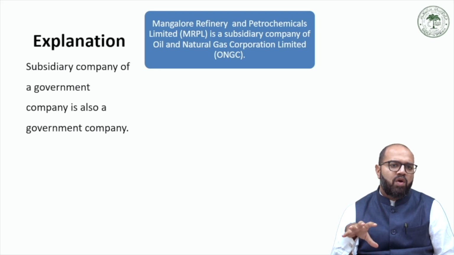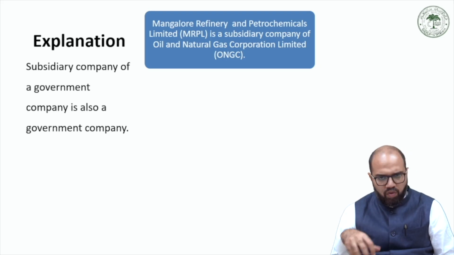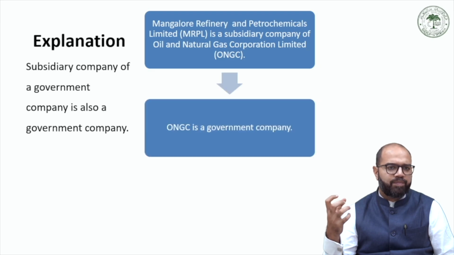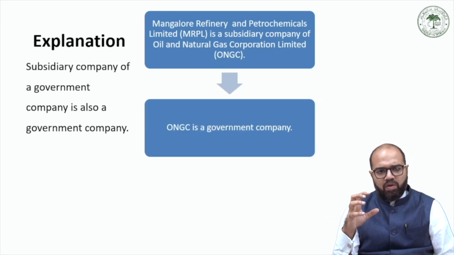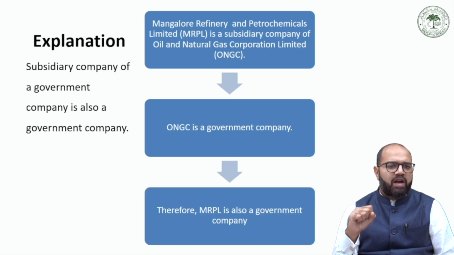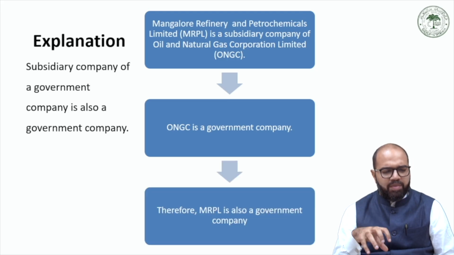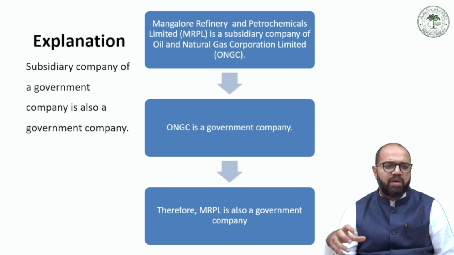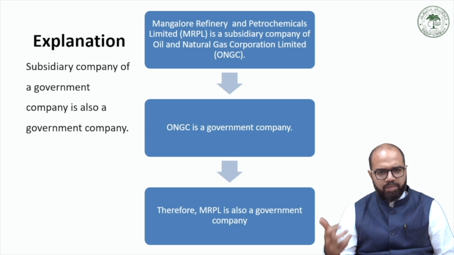So here ONGC controls another company which is MRPL. Now ONGC is a government company, and so therefore MRPL, being a subsidiary of a government company, by extension will also become a government company.